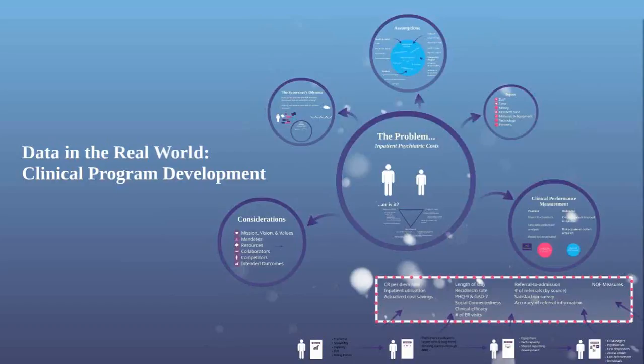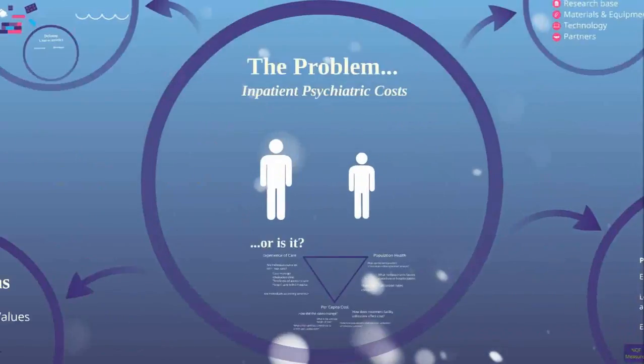So we're going to start with a problem, and we chose today to focus on inpatient psychiatric costs. So the scenario here is that you are a clinical supervisor, you have a busy job with lots of things to do, no shortage of stimulation through different job responsibilities, and your supervisor comes to you because supervisors are just inherently larger people.